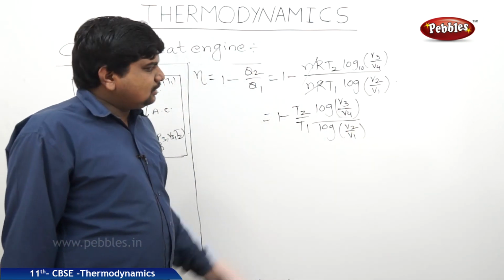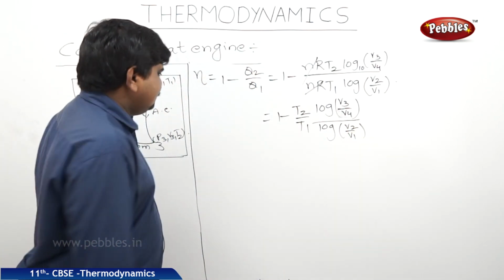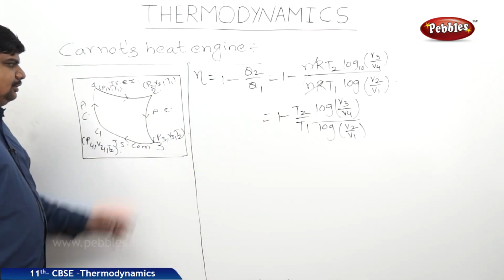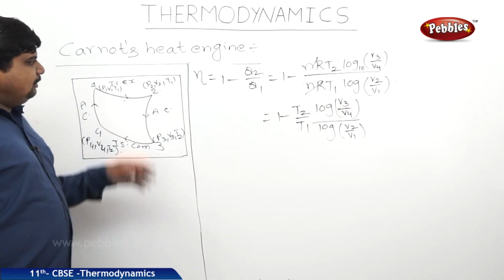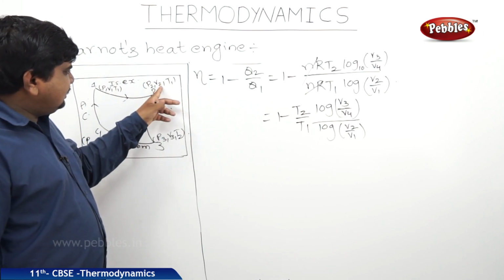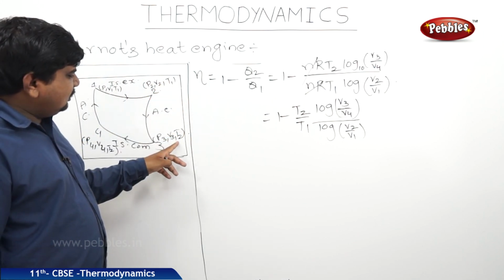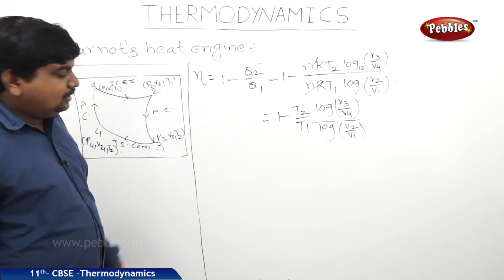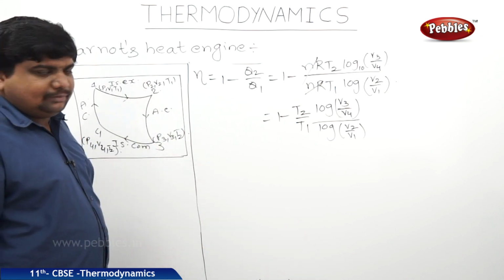Now we should solve this logarithmic part in the equation. If you see the curve 2 to 3, where temperature is T1, volume is V2, and in the third part, T2, V3. These two are related by the adiabatic process.